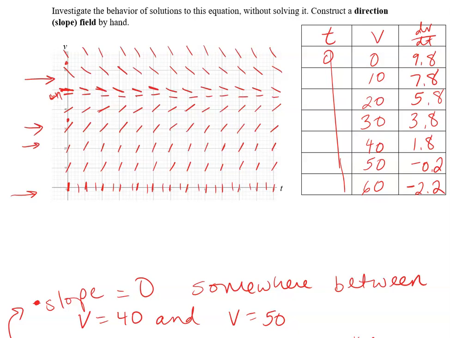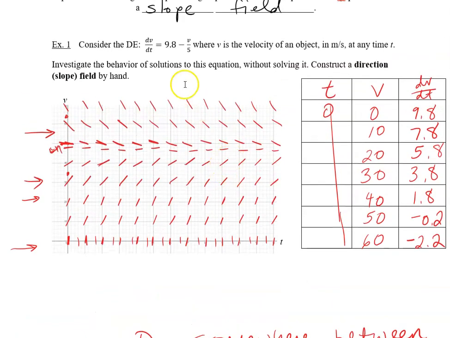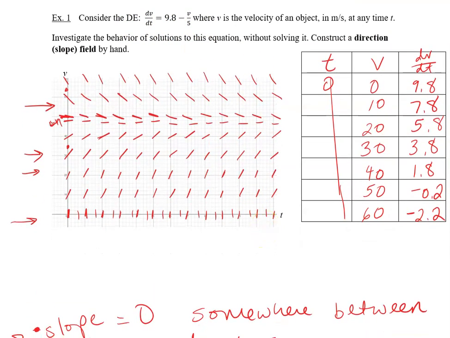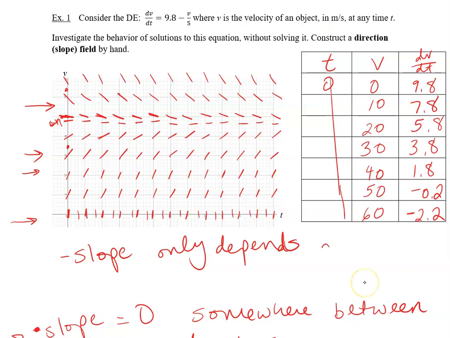One other thing I wanted to mention, and you notice I said earlier that the behavior for this derivative, or what happens with these slopes, only depends on v. So when the slope only depends on that dependent variable, there's a special name for that.